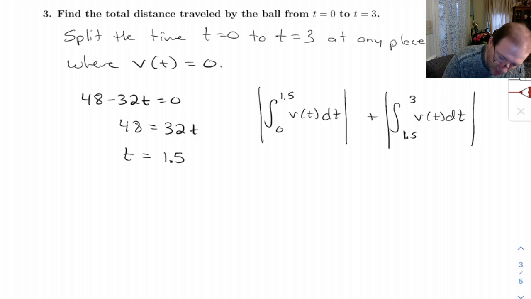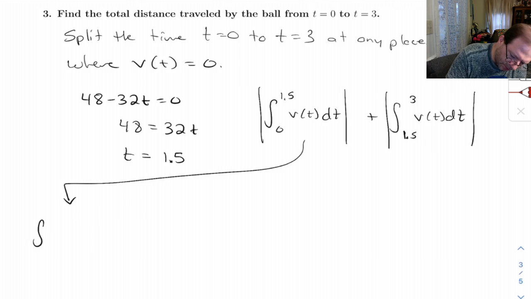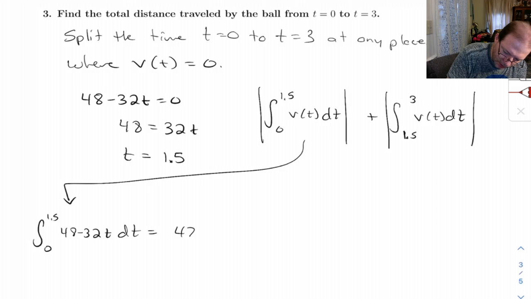So let's do that. Now, this first one, integral from 0 to 1.5 of v of t. Well, I'm tempted to make this quick, but I probably shouldn't do that on the first one. This integral from 0 to 1.5 of 48 minus 32t dt is 48t minus 16t squared from 0 to 1.5.